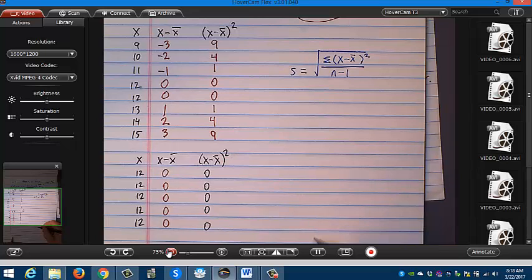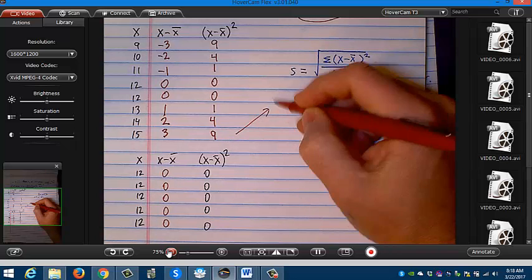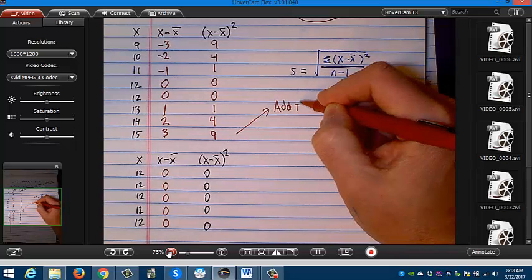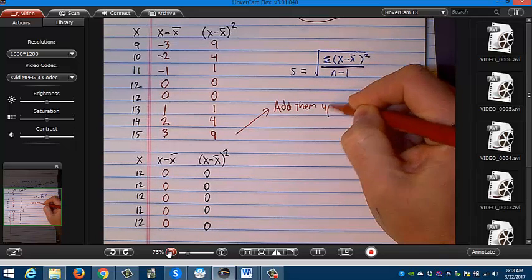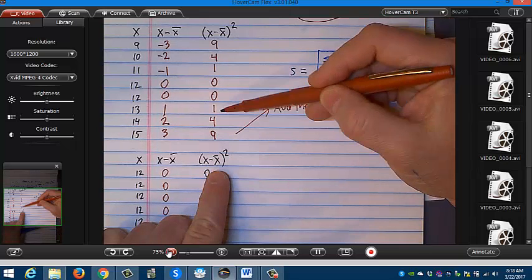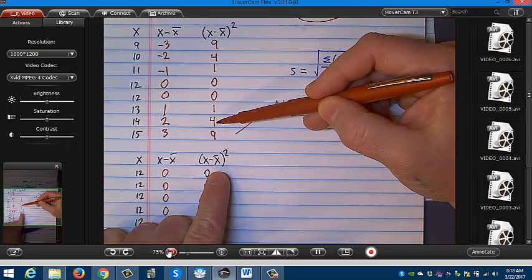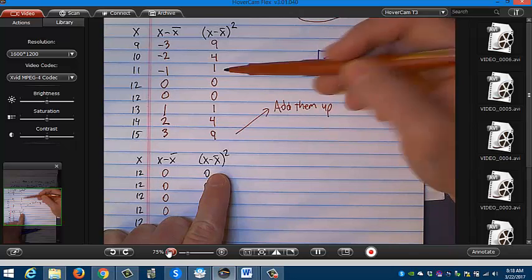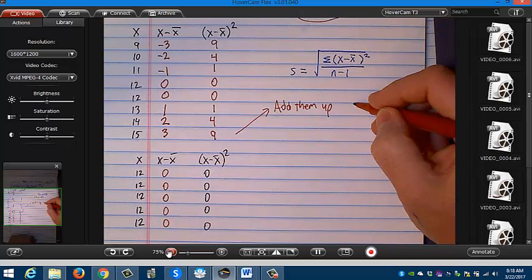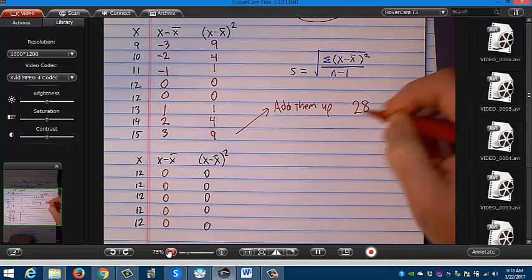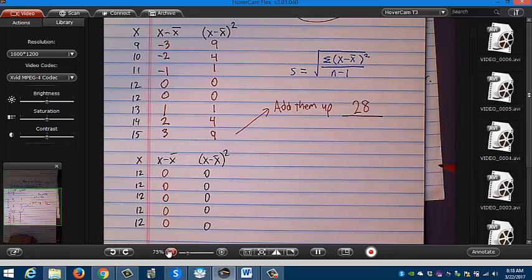Okay. So what's the next step, guys? Add them up. Well, I'll do that very quickly. 9 plus 1 is 10, plus 4 is 14. And then I have another 14 up here, so if I add them up, I get 28. What do I divide by?